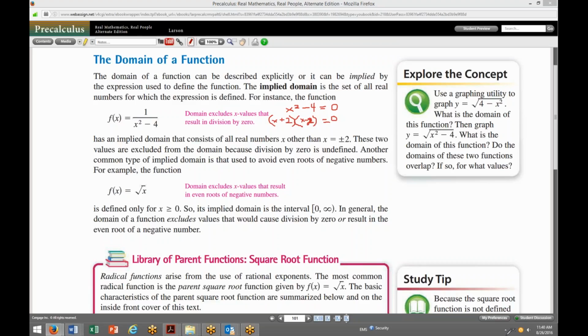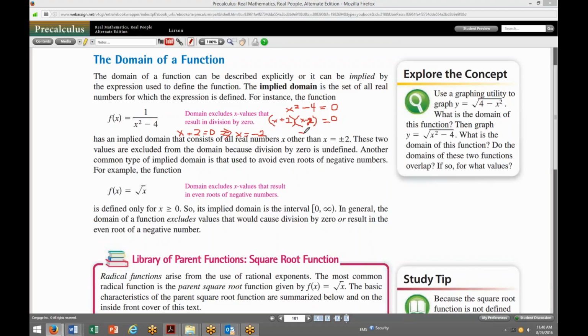For x plus 2 equals 0, you subtract 2 from both sides, and we get the result that x equals -2.